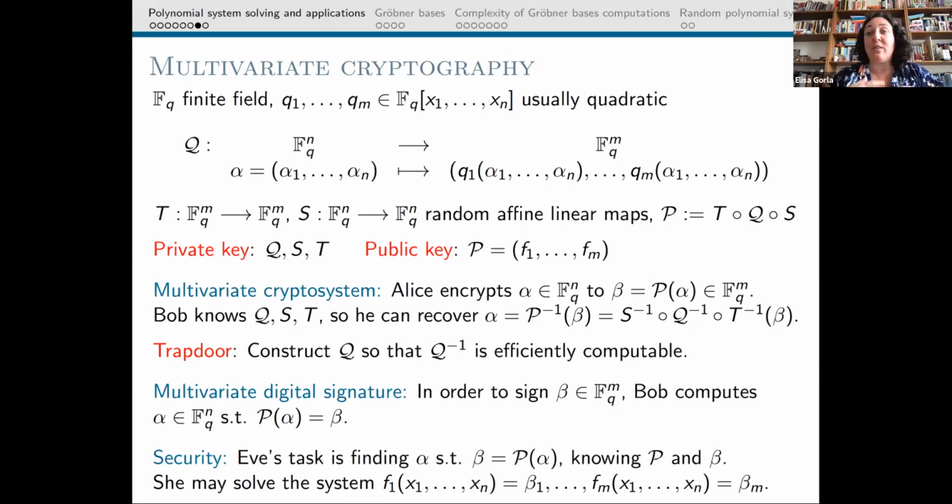Everybody else will have to solve a system which does not look like it has any specific properties that we can use to solve it easily. So that will be a hard problem for everyone else, except for Bob, who is the only one who can decrypt.